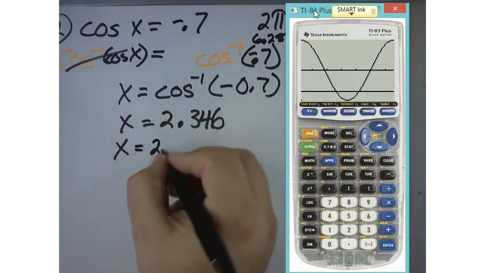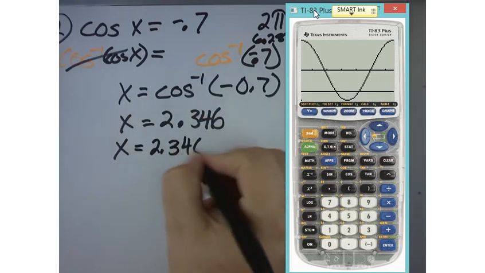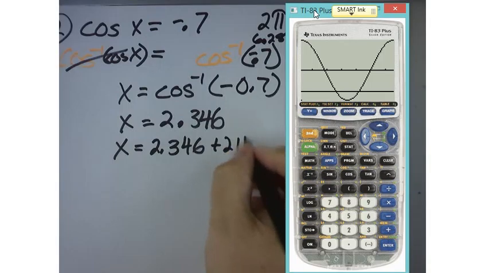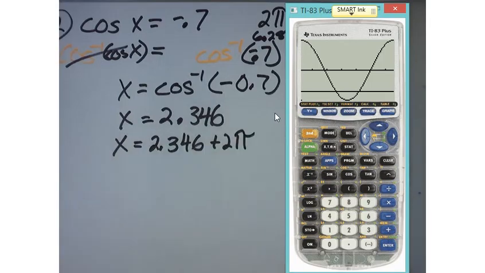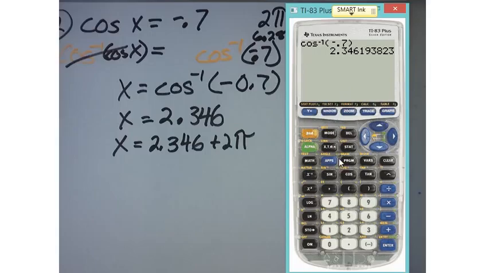Let's add 2 pi to it. So I'm going to say 2.346 plus 2 pi.